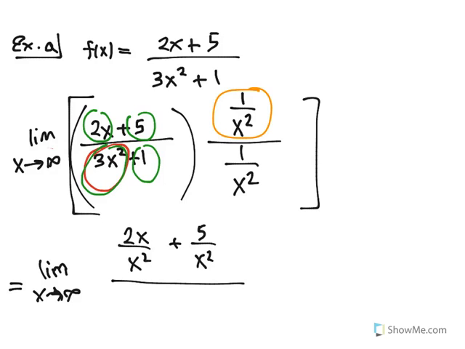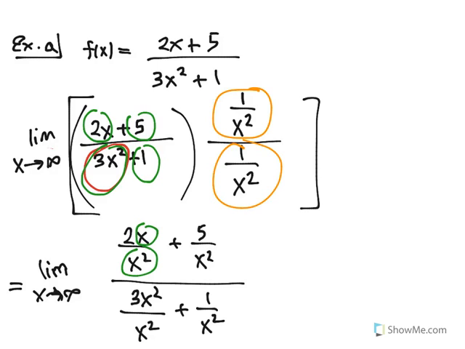Multiply these two terms by 1 over x squared. And when you do that, you get 3x squared over x squared plus 1 over x squared. So what happens here? Well, you can cancel the common factor of x that you have in the numerator and the denominator for this particular term, and that will give you 2 over x.